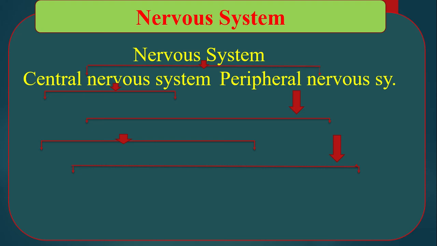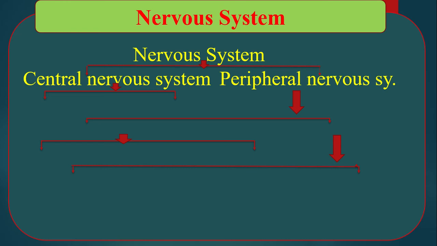Central nervous system means the part of nervous system which takes part in making decisions for the animal body. On the other hand, peripheral nervous system is the nervous system except the central nervous system, that means it doesn't take part in making any decision.